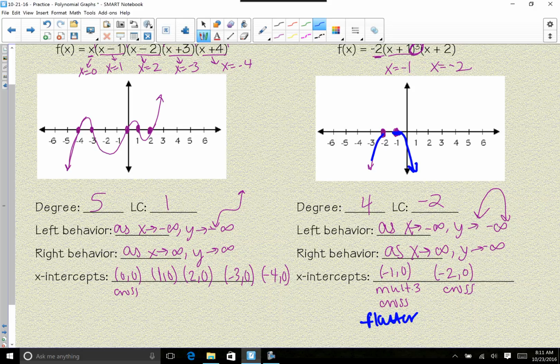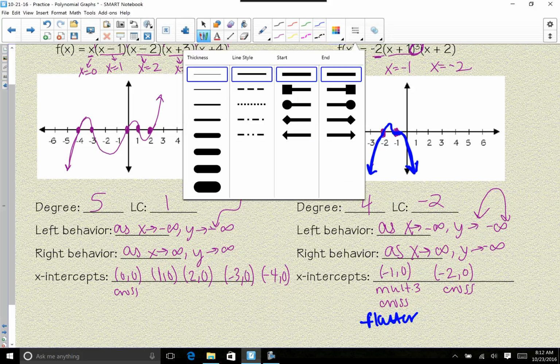Okay, so I'm down on the left, and I'm down on the right, and it's flat here. So I'm going to come over here. I'm going to cross through negative 2, and I'm going to loop around and try to make it a flatter cross at negative 1. So by putting that little flatter place right there, it helped us to see that at negative 1 it had to be a flatter cross because the multiplicity of 3 was bigger than the multiplicity of 1.